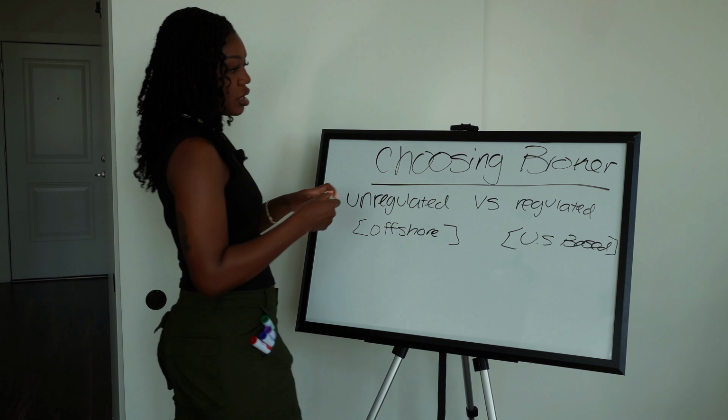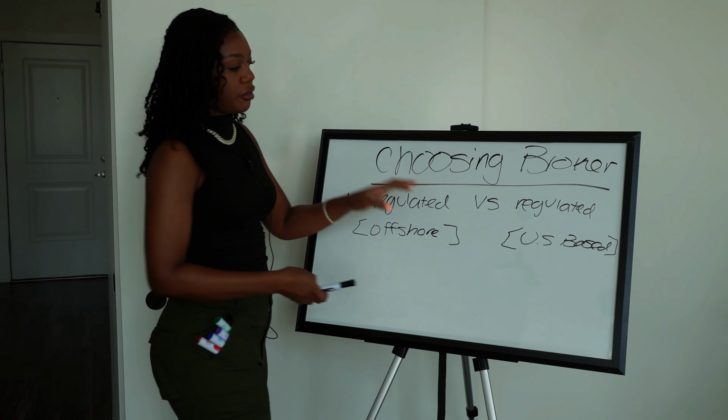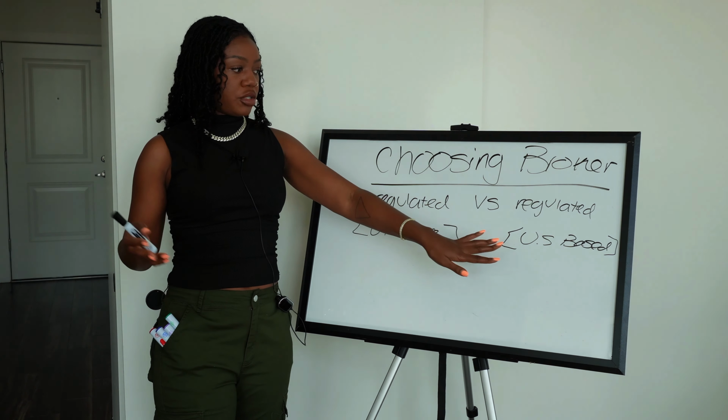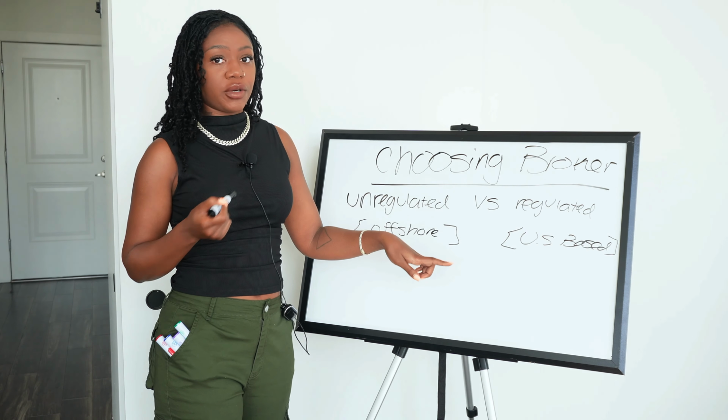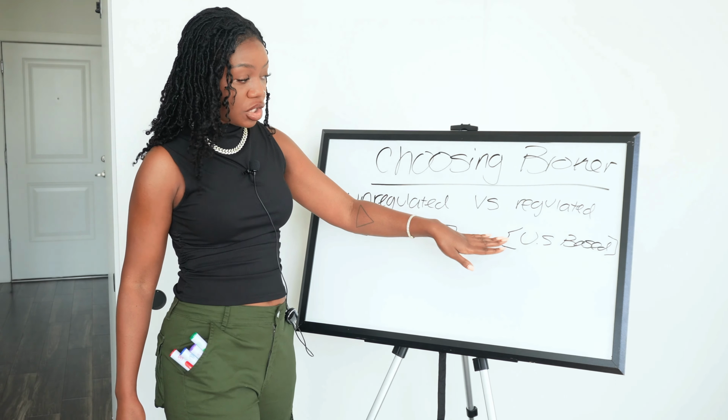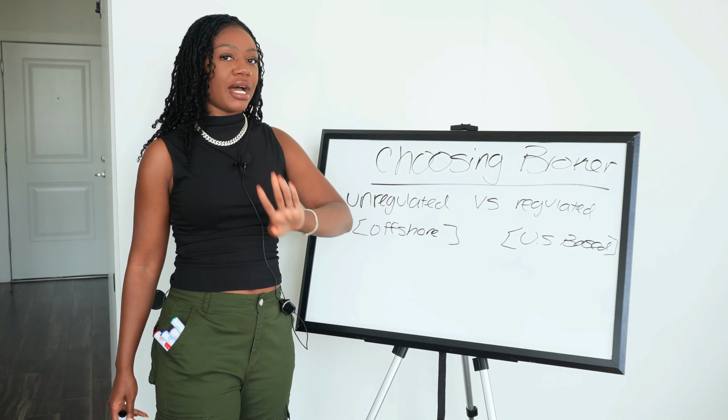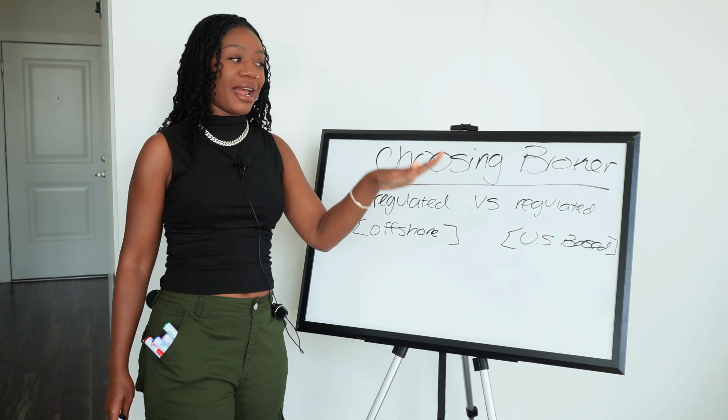American traders and even Canadian traders, a lot of North American traders in general, like to go with US based brokerages. I am a US based trader, but I do not go with that because they do not allow me to trade what I need to trade, okay?